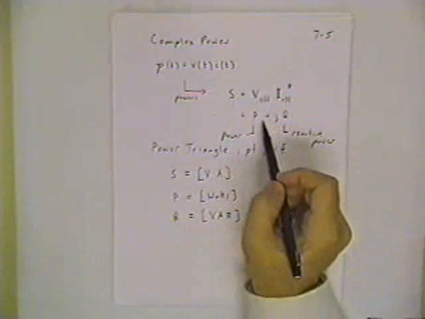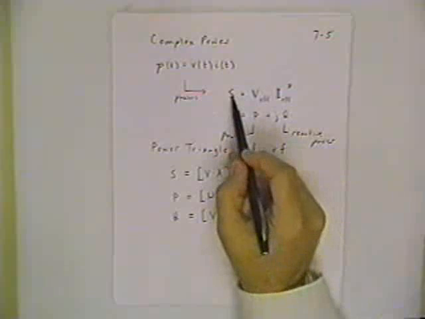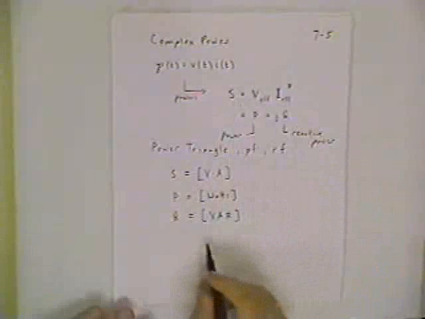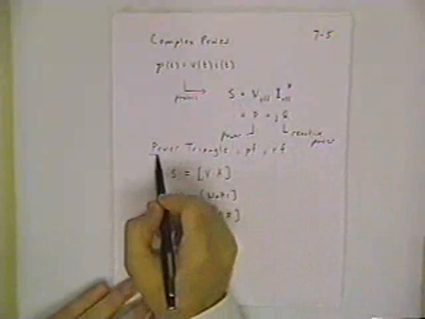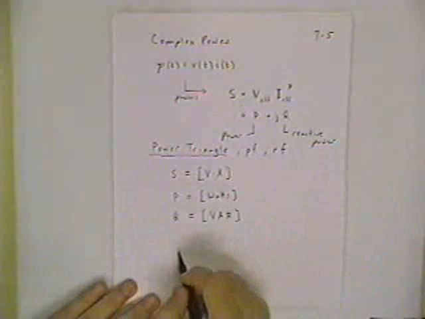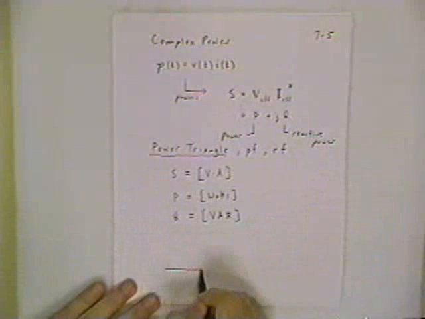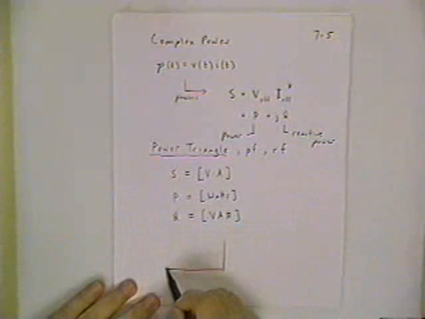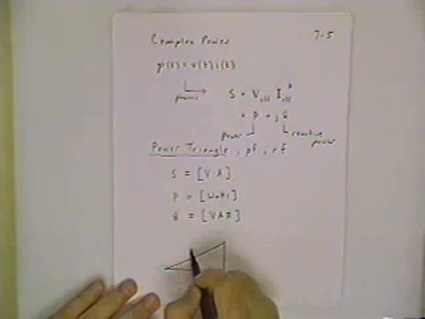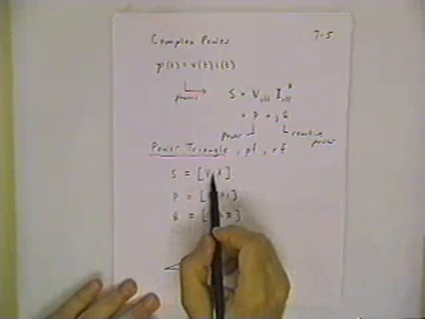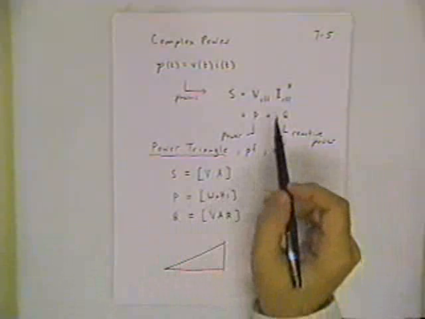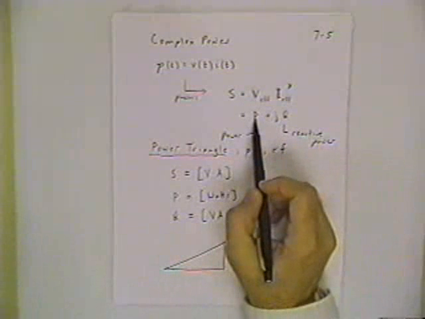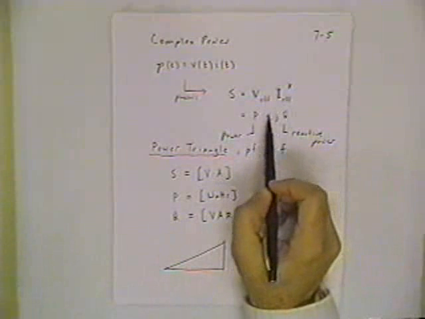Now, to keep things straight, there's a nice graphical analog to this expression, S equals P plus JQ. It's called the power triangle. The power triangle simply plots real power horizontally, reactive power vertically, and the hypotenuse of that triangle turns out to be the total power, S. You can see, if this is in the complex plane, this is a real part, this is an imaginary part.